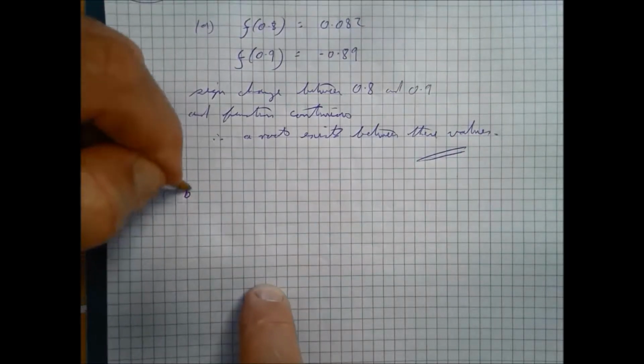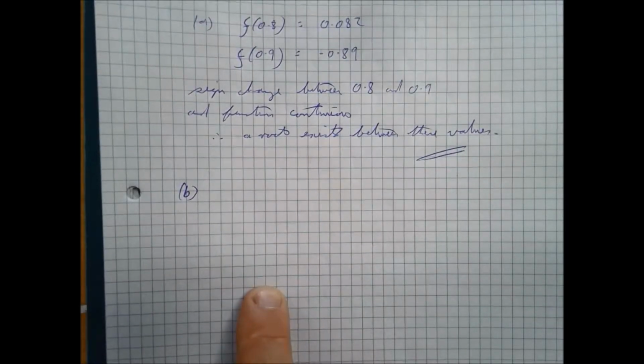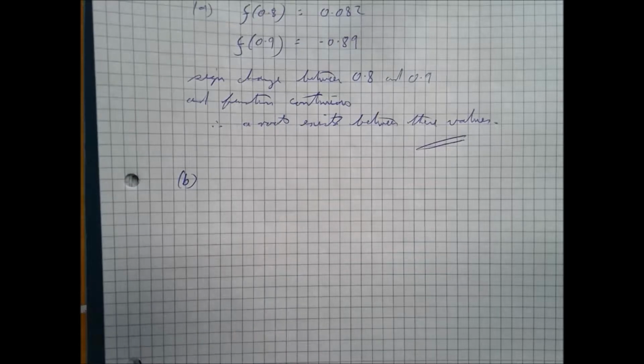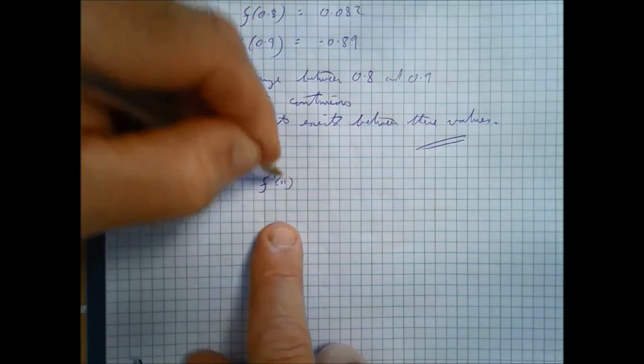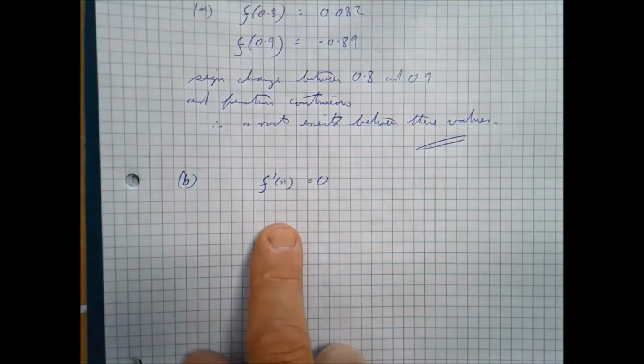Okay, part B now. Show that the x-coordinate of P is a solution to that equation. Well, what do we know about P? We know it's a minimum point, so at a minimum point f dash x must equal 0.